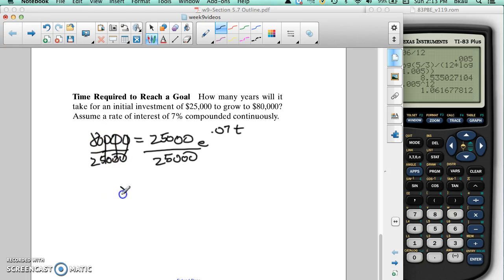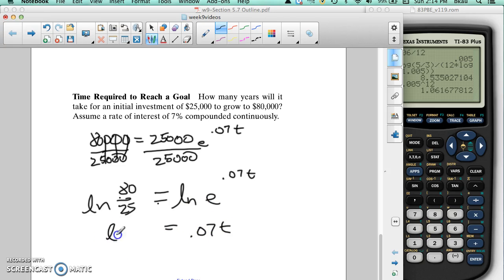So it's 80 divided by 25, which reduces. We take the natural logarithm on both sides. These two are inverse functions, so they drop out and you just get 0.07t equals ln of 80 divided by 25. Now we just need to divide by 0.07 to get the answer. So try that out and see what that is, and we'll call it good for this video.